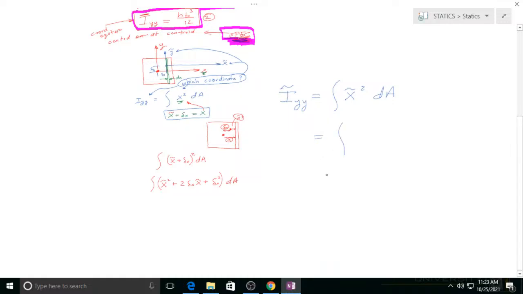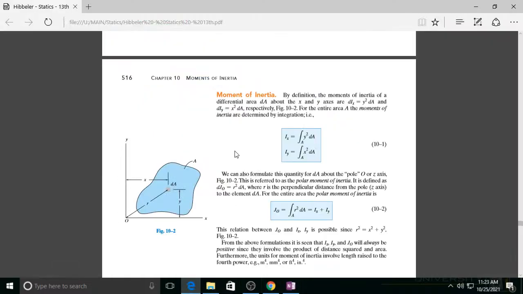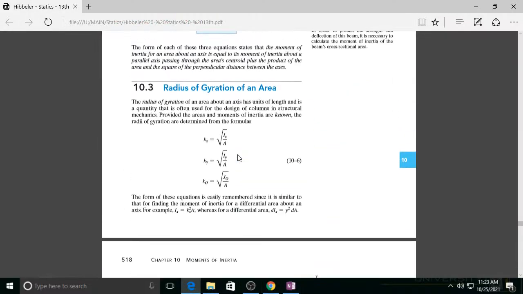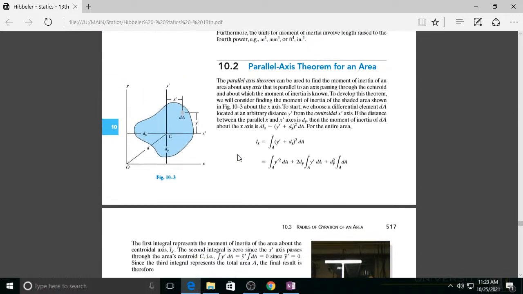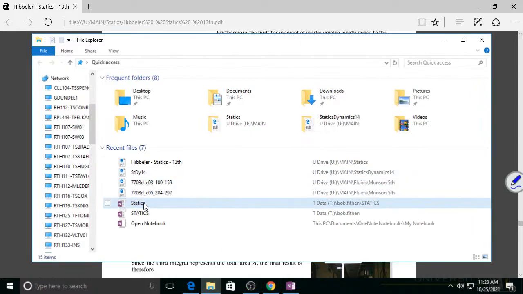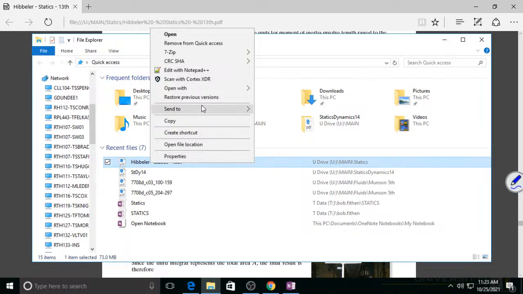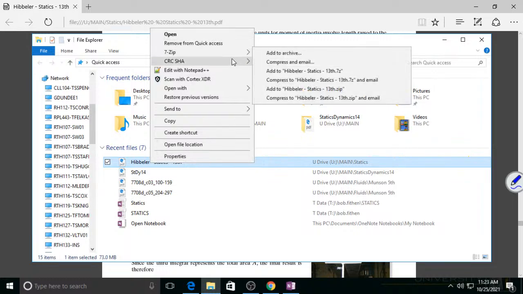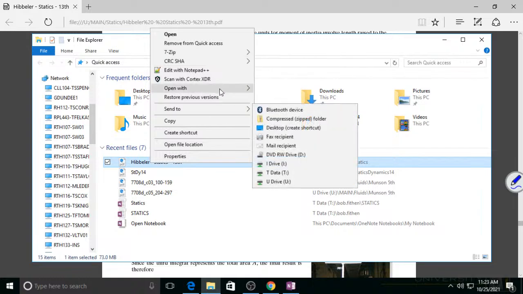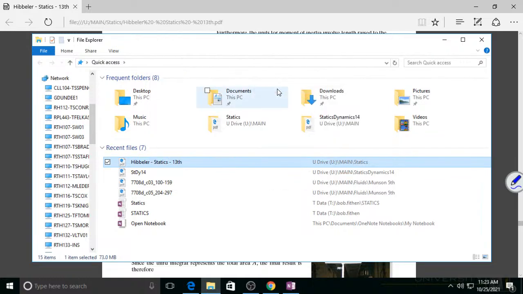And actually he may come up with this. Let's see if he does. He just writes down a Parallel Axis theorem. Actually, I guess we could go with it from what he's got. That would save me a little time. And that is, he's picked himself a location. Let's see if this works. Doesn't work on this, but it does work if you launch this in, okay, open with, let's see if it works here.